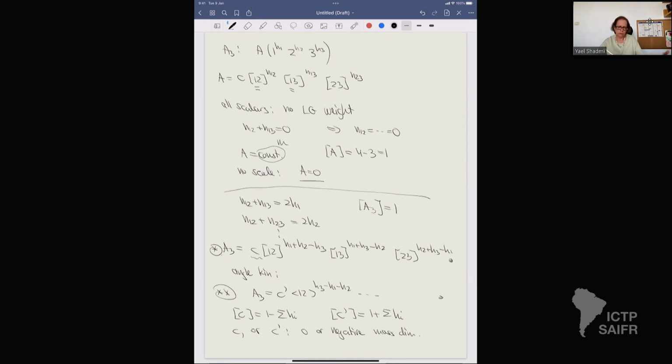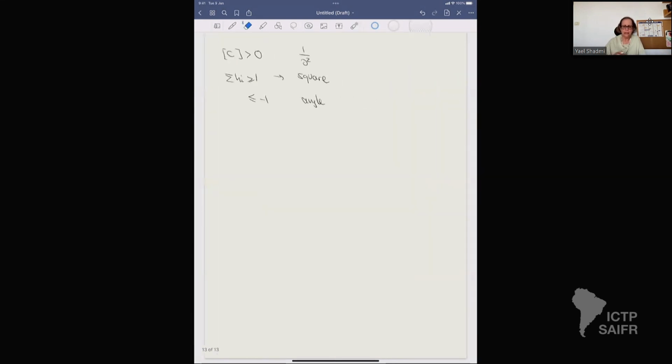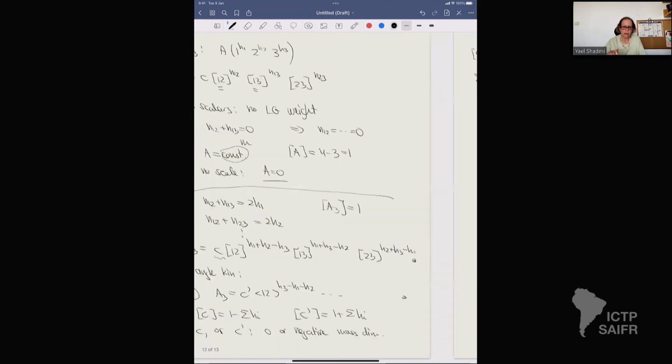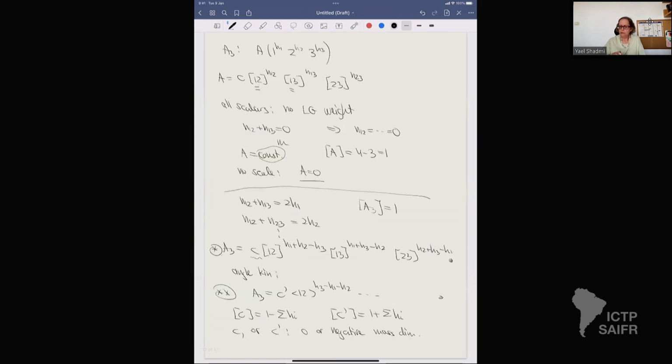That's going to reproduce exactly the same thing that we now got in terms of determining whether it's square kinematics or angle kinematics. But other than that, we're done. We now have all the 3-point amplitudes for any massless particles.